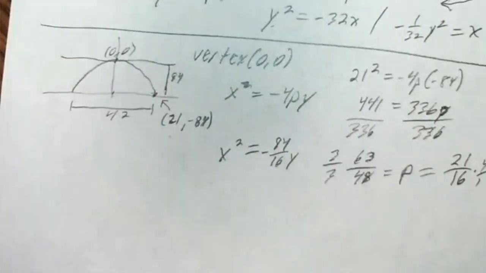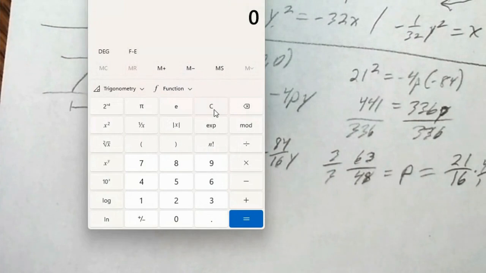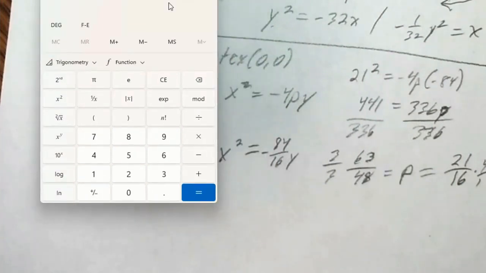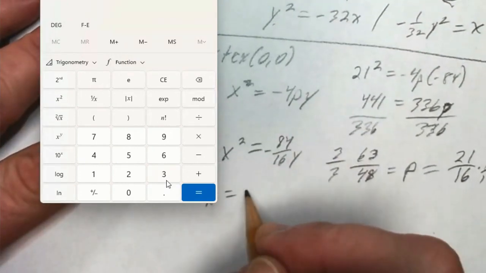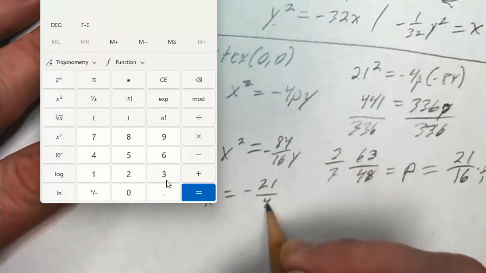Does 16 go into 84? 84 divided by 16, nope, 5 1/4. It doesn't go in there. All right, let's divide 4 into both of them. So x squared equals negative 21/4 y.